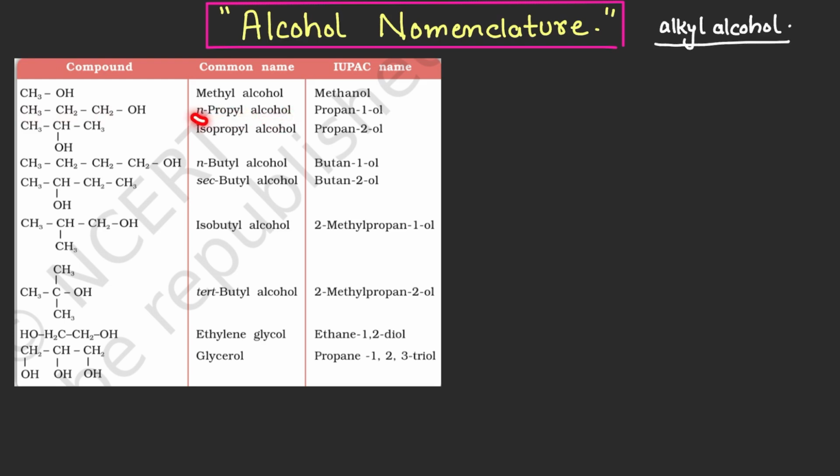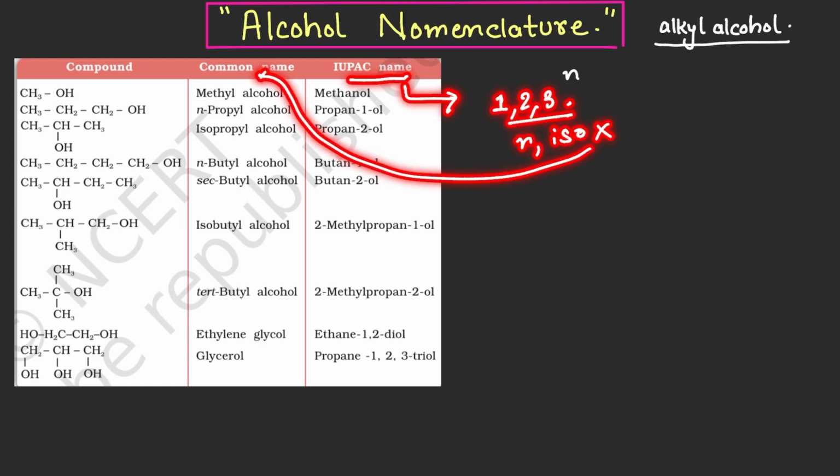Now what is N over here? N, iso, tertiary, secondary, all of these are used under the common names. We don't use these things in IUPAC nomenclature. IUPAC nomenclature uses the numerical values 1, 2, 3, not N, iso or neo. These are only used in the common names.